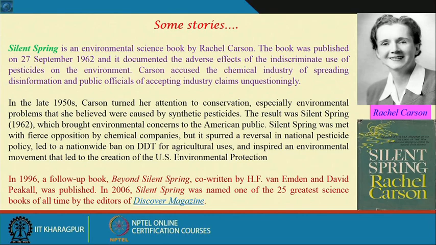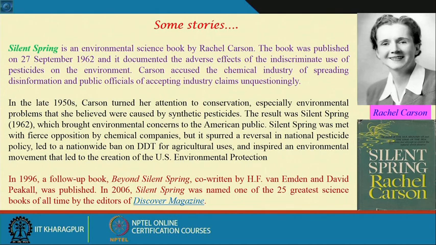Carson accused the chemical industry of spreading disinformation and public officials of accepting industry claims unquestioningly. So, this is Silent Spring, the book published by this scientist Rachel Carson from the US.